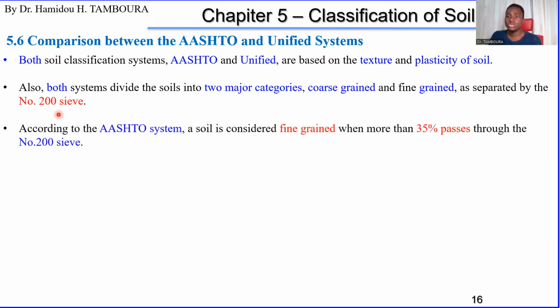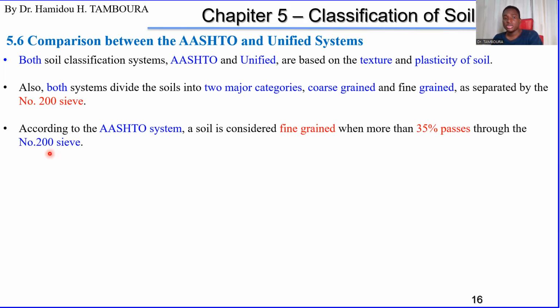Two major categories, which is coarse-grained soil and fine-grained soil. Both of them are using the sieve number 200 for that. But according to the AASHTO one, the soil is considered as fine-grained soil if more than 55% passes the reference sieve number 200.